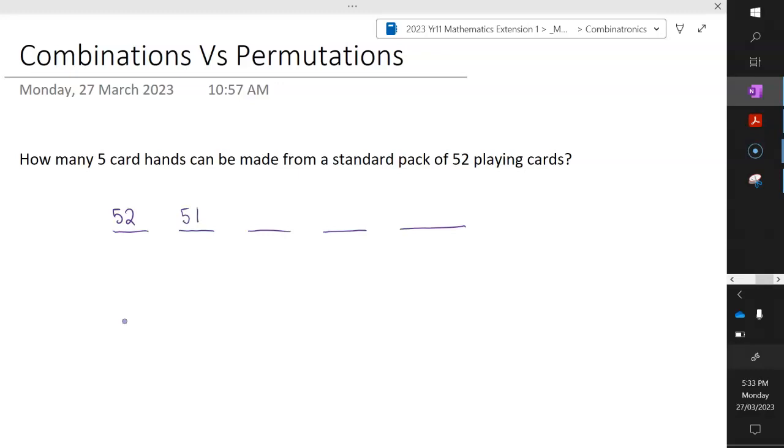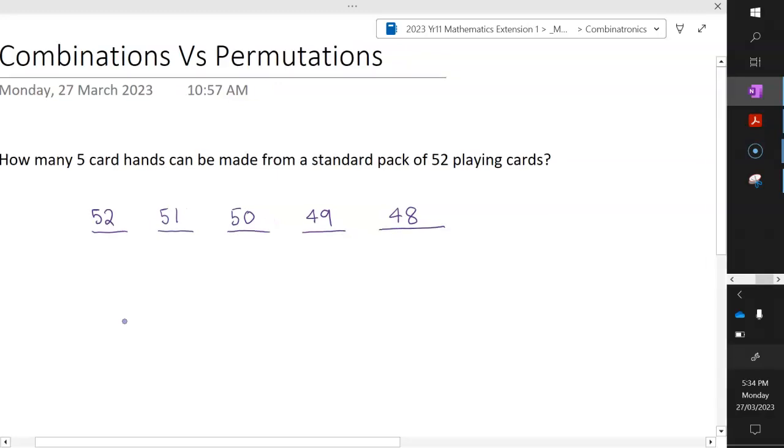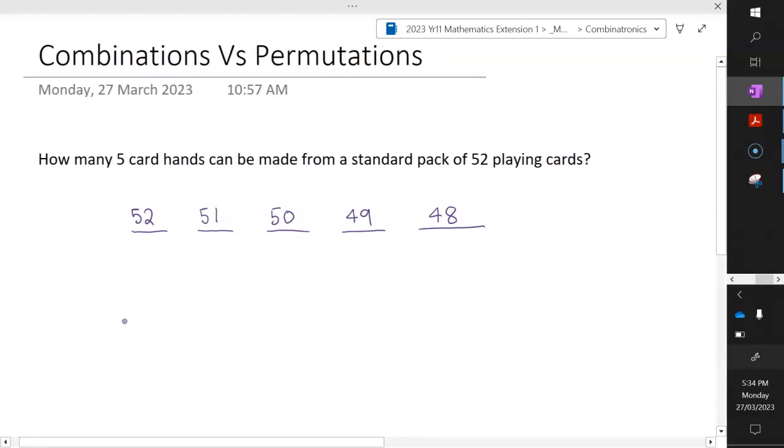Remember doing these previously? Our third card in our hand would have 50 different ways we can choose because we've already used 2 of those cards up and there's only 50 to choose from. And so on, 49 and 48. So using our rules of multiplication in combinatorics, we would then multiply all of those numbers together.